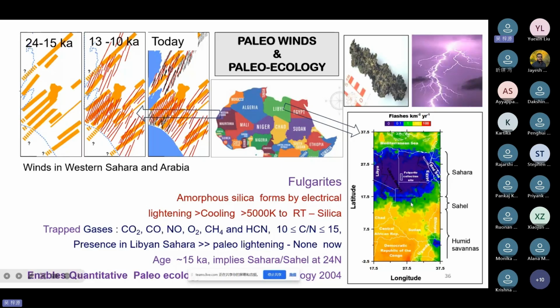That means that in the past, the Sahara-Sahel boundary was about 1,000 kilometers further north. That is the way one can now construct paleoecology using fulgurites. And a major program by the Germans is underway in the Sahara, where they're looking at every single fulgurite they can lay hands on to do paleoecology.